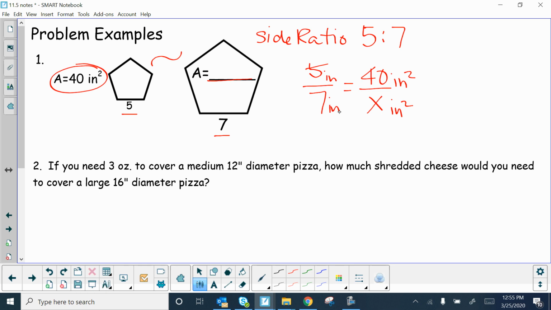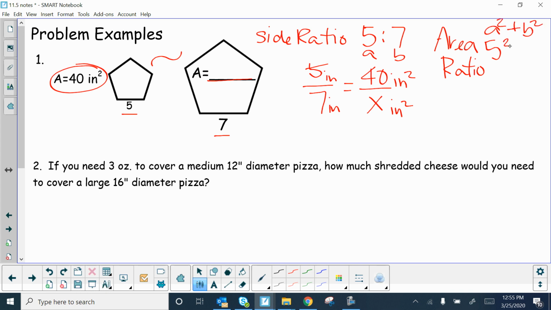So how do you make the adjustment? Well, remember, we had talked about what the area ratio would be on the last conjecture. So the area ratio is whatever the side ratio is squared. Remember, if this is A and this is B, well, then this is going to be A squared to B squared.